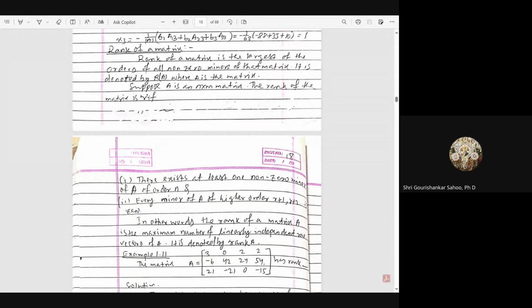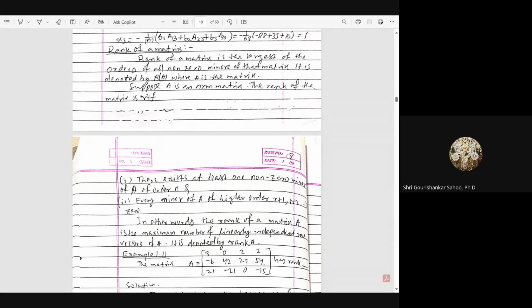So what is the rank of the matrix, which I have discussed earlier in this class? The rank of the matrix is the largest of the orders of all non-zero minors of that matrix. So it is denoted by rho of A, where A is the matrix.